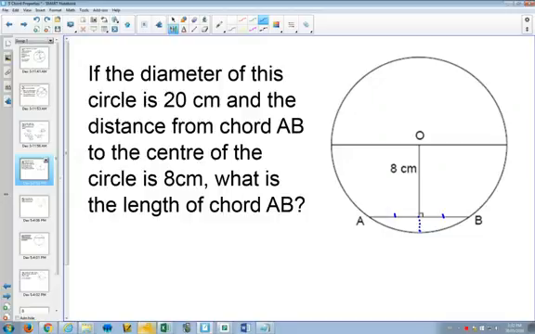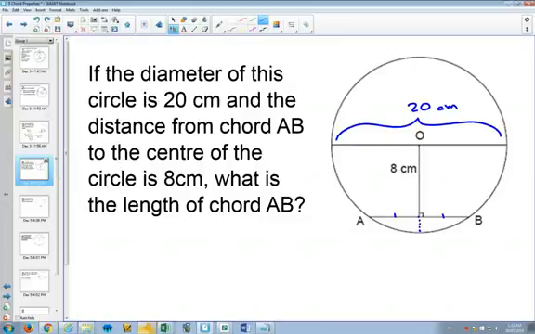We also know from the question that the diameter is 20 centimeters. So what does that tell us? Well, O to B should be 10, right? Or O to A. Yes.